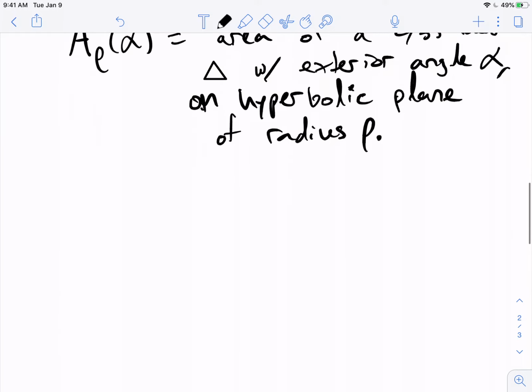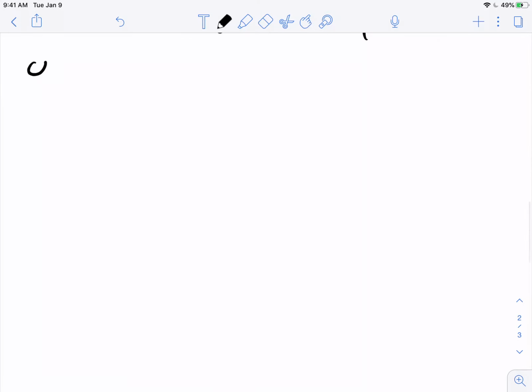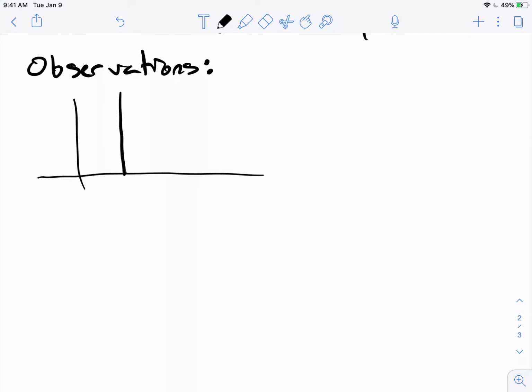A couple observations if we're trying to calculate this. So if I draw a two-thirds ideal triangle here, it really depends on the angle alpha, essentially depends on where this geodesic L intersects this geodesic L prime.